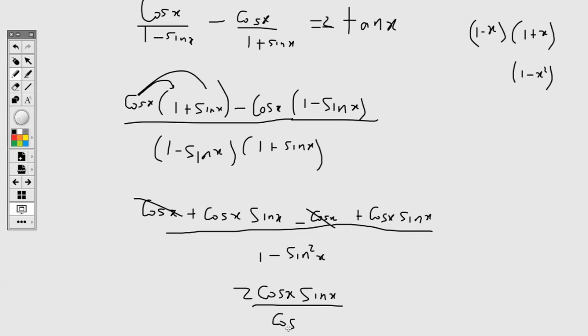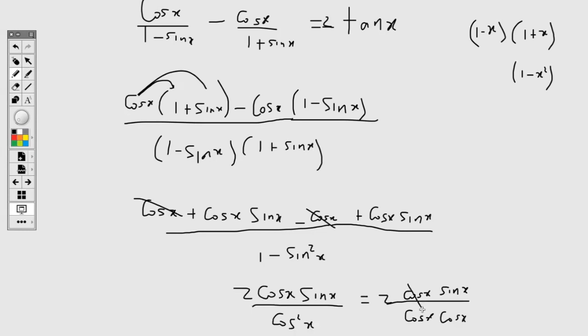So this is cos square x, but cos square x is the same thing as saying cos x times cos x. So in the numerator, I have 2 cos x sin x over cos x times cos x.